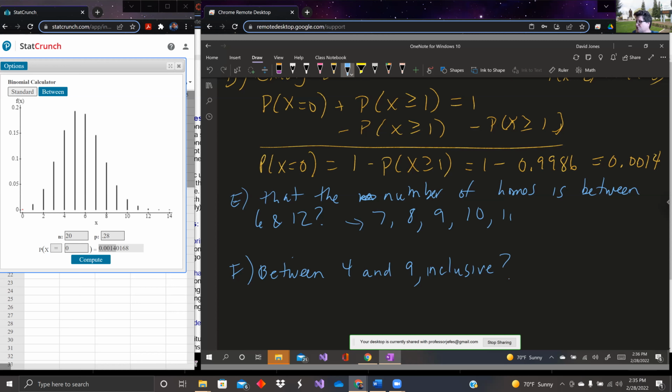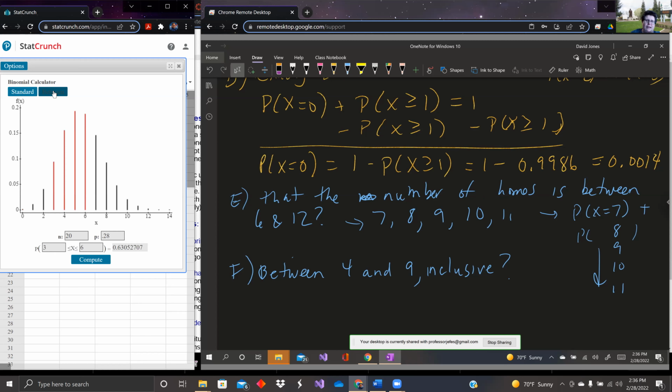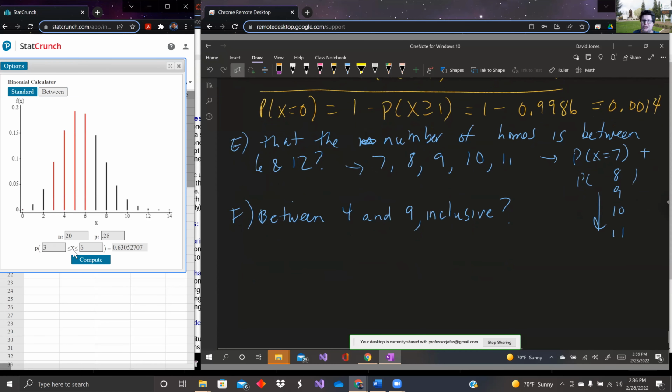Well, we could check it. Remember, this is the same as doing the probability that x equals 7 plus 8 plus 9 plus 10 plus 11, doing all these probabilities going down the list. Here we can do it, and up here in the binomial calculator, there's a between option. If you click on between, it changes the arrangement. Now the symbols for the between are stuck. You don't get to change the symbols.